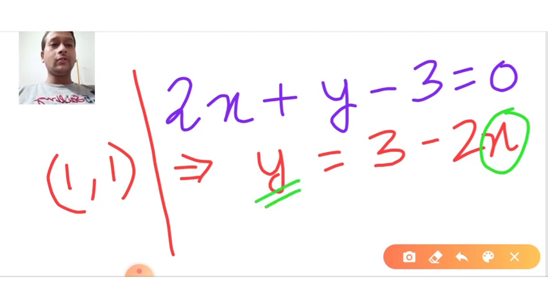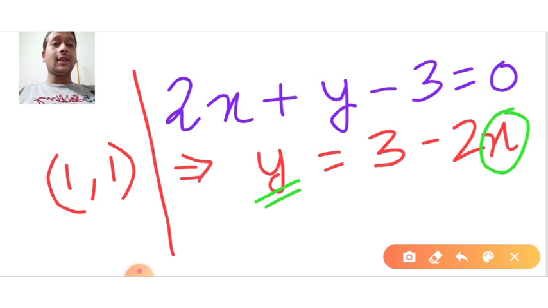How many values can x take? It can take infinite values. So for different values of x you will have different values of y. So how many solutions will be there? There will be infinite number of solutions.